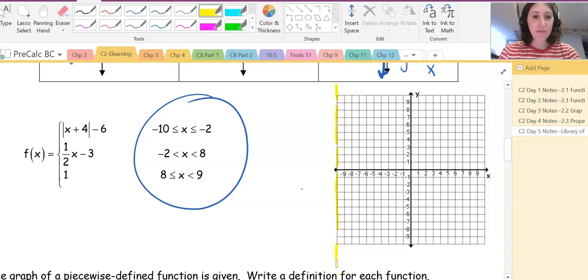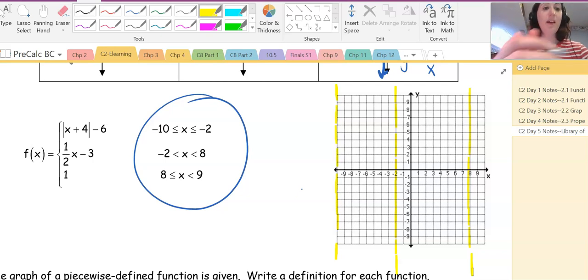So I have one from -10 to -2, and again, you do not feel like you have to do this. From -2 to 8, and 8 to 9, which I'm just not going to draw. Each of your branches should appear in those individual sections and should not go past the individual section.